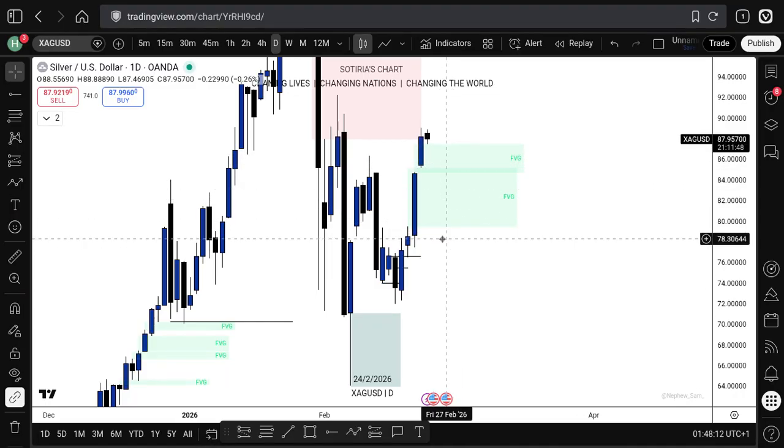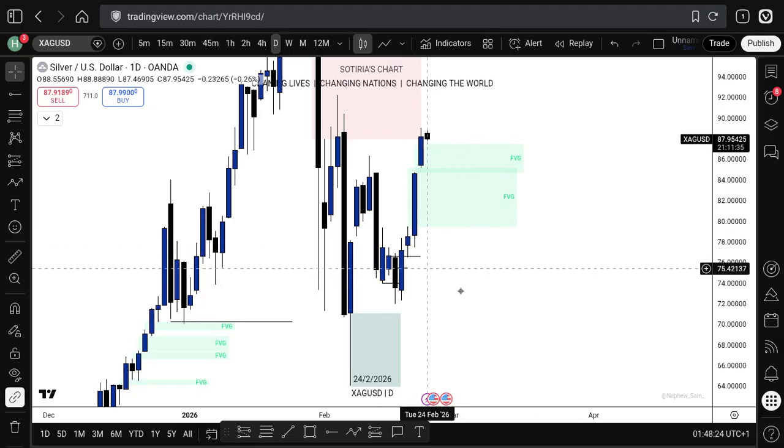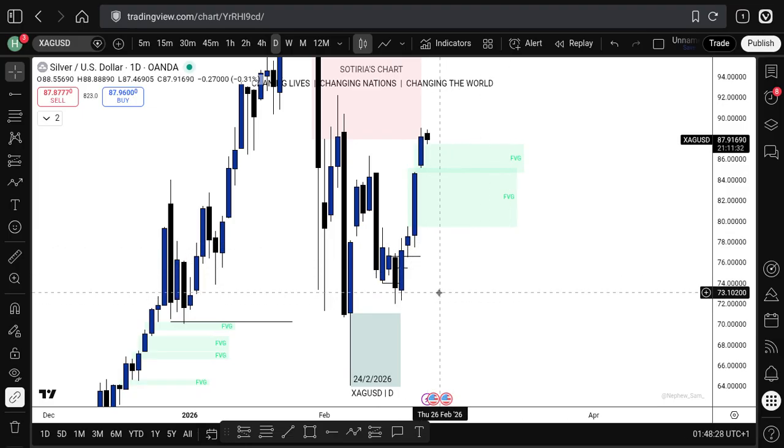Any of these FVG points is a good area to look for an entry to continue the impulsive move after a retracement, or price coming down to this other block right here. It's a good level for me to look for an entry to continue the impulsive move after the retracement.